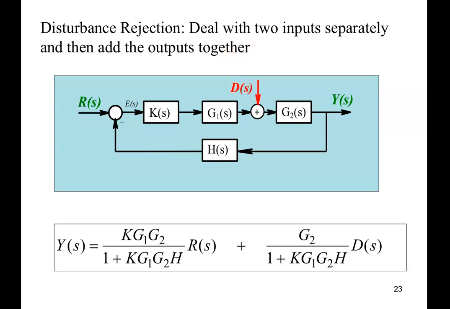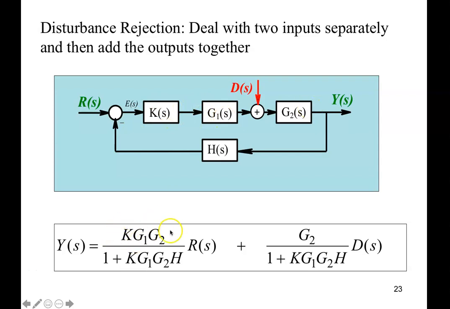So the first step, you pretend that ds didn't exist. Forget about that ds first, and just focus on the rest of it. To work out the transfer function between r and y, in the forward path I have three terms here, 1, 2, 3.